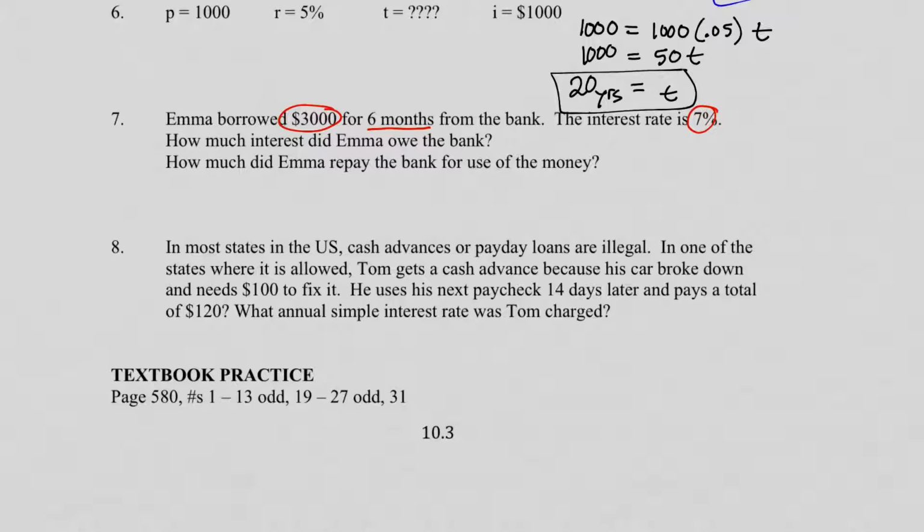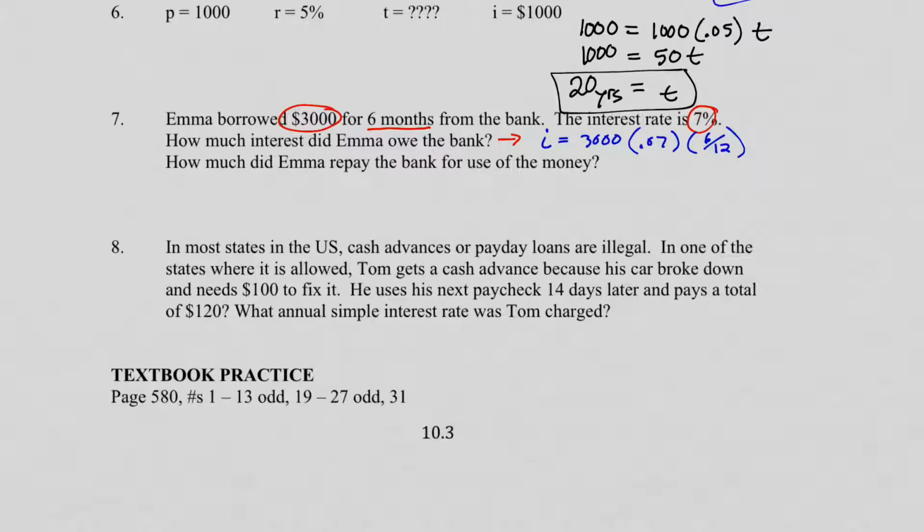And so let's calculate the cost of borrowing, which is the I, which is the interest charged. Okay, so in this first question we have I equals 3,000 times 0.07 and then times 6 months out of 12 months, or just half of a year.